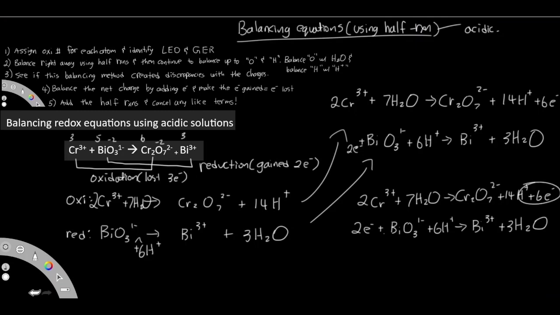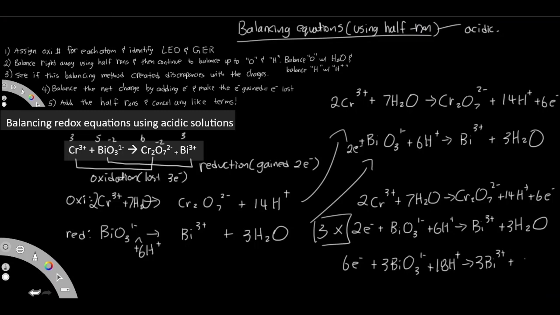This is 6 electrons. Obviously, this one here is only 2 electrons, so we have to multiply this whole thing by 3 so that we can get 6 electrons. Let's do that just for this equation down here. So we have 6 electrons plus 3 BiO3 1- plus 18 H+ yields 3 Bi3+ and 9 H2O.